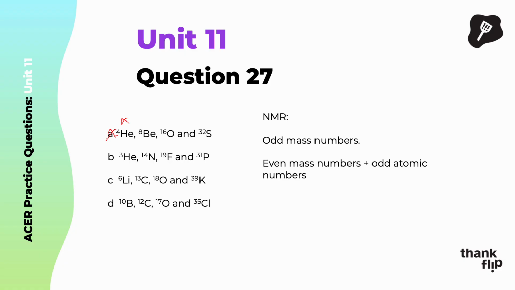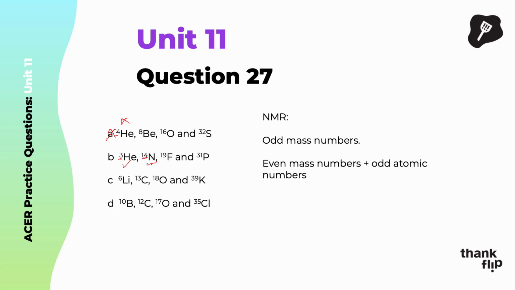Now this one has an odd mass number, so that means it's going to exhibit NMR. This one has even. Okay, so then we have to think about whether nitrogen has an even or odd atomic number.